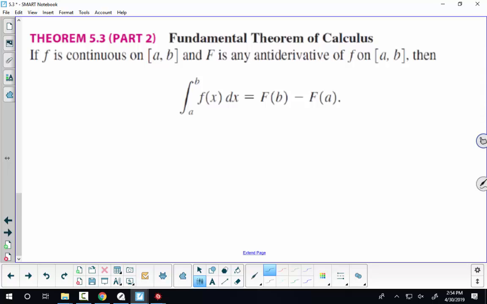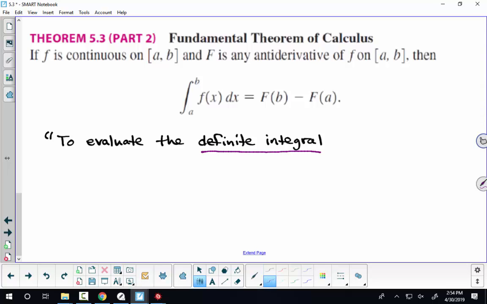Okay, remember, it says here capital F is any antiderivative of lowercase f. And what this theorem says, to evaluate the definite integral, remember, the definite integral is the net area.